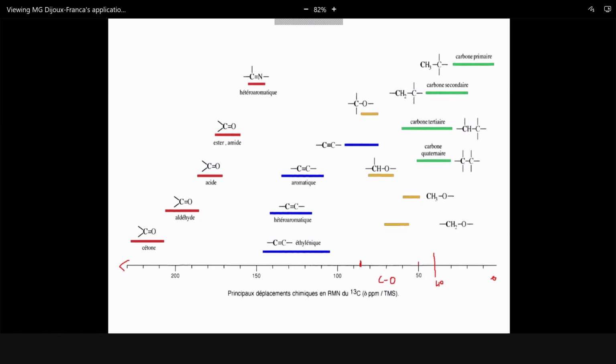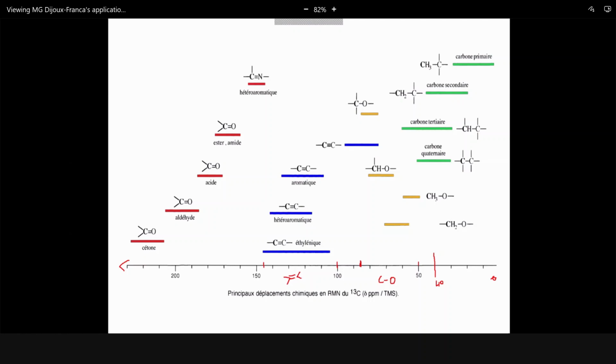And starting from 100 to 130, 140, we have a carbon-to-carbon double bond.